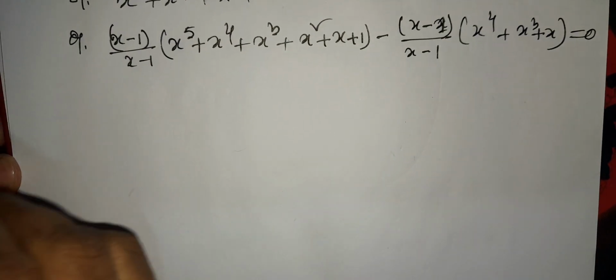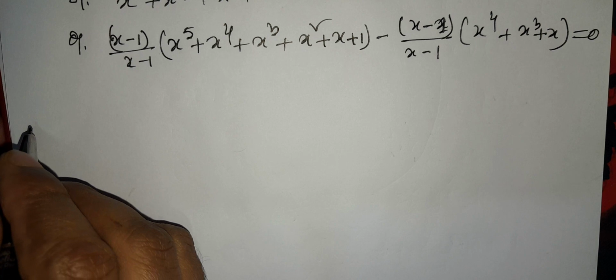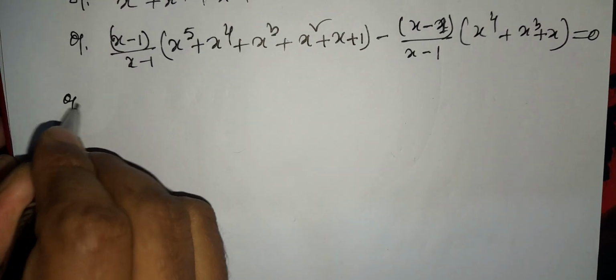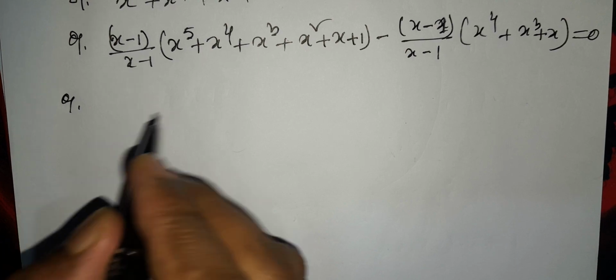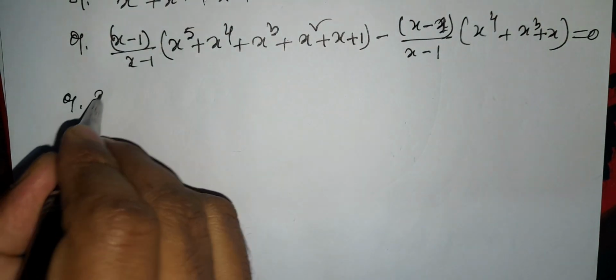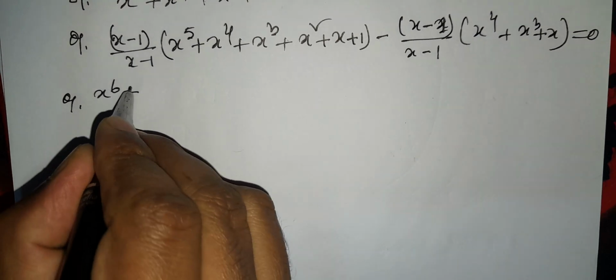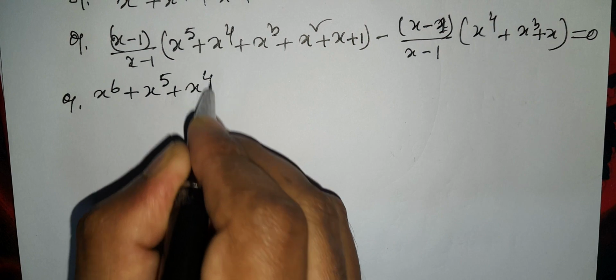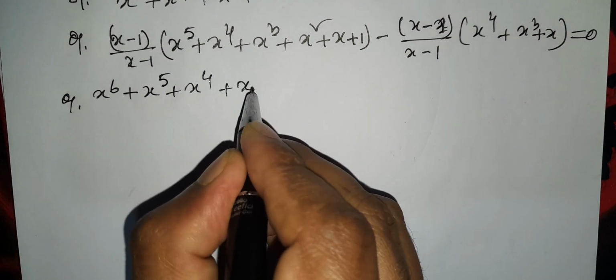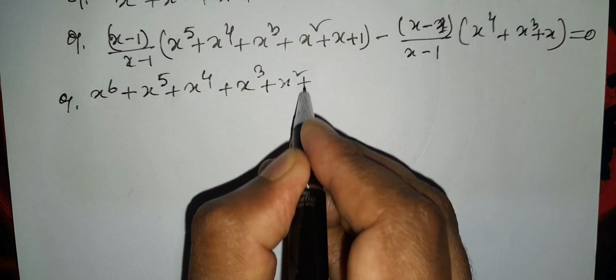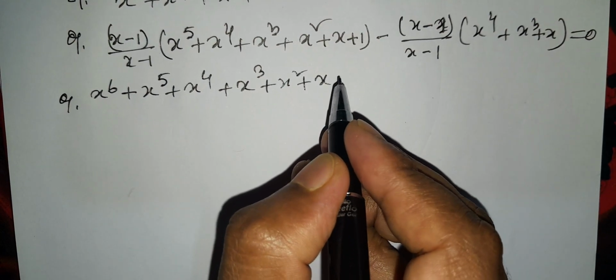Okay, multiplying this, we get here x to the power 6 plus x to the power 5 plus x to the power 4 plus x cube plus x square plus x.